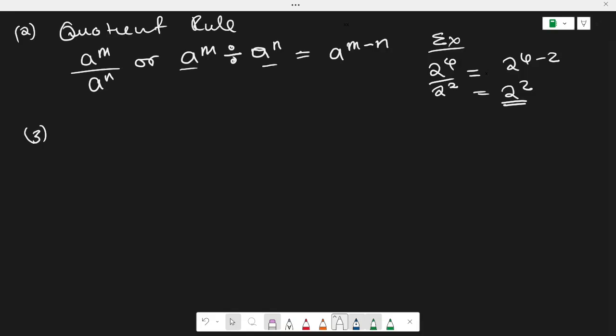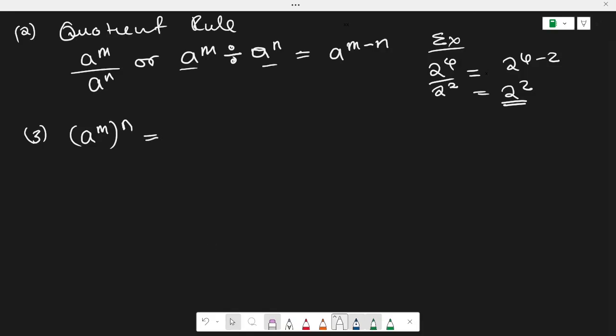The other one is what we are calling the power of a power rule. It's where you have a scenario like a to the power m in brackets to the power n.